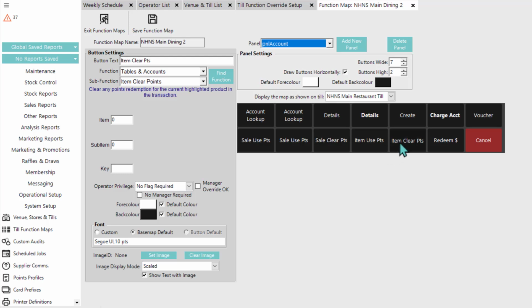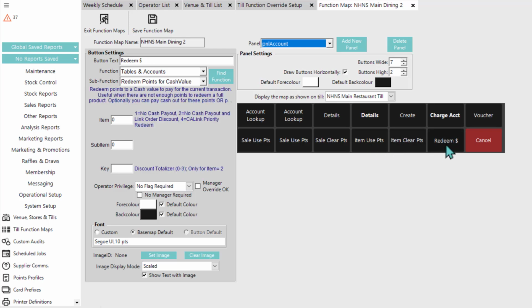And we've got item clear points, which is the reverse function for that. We also have an option for redeeming points for cash, so redeem points for cash value. Again, this is going to be one that might be limited to certain operators. We can see a few different options here that we can set within the item field there.